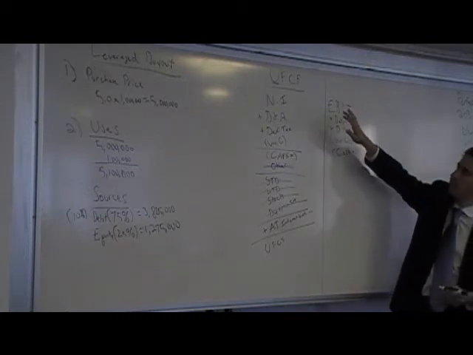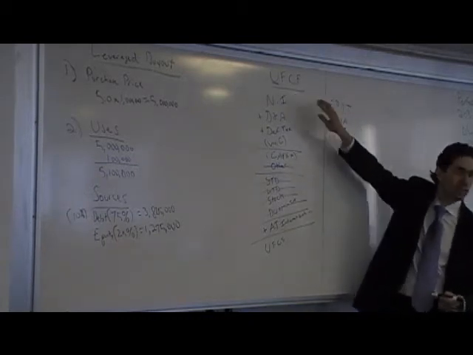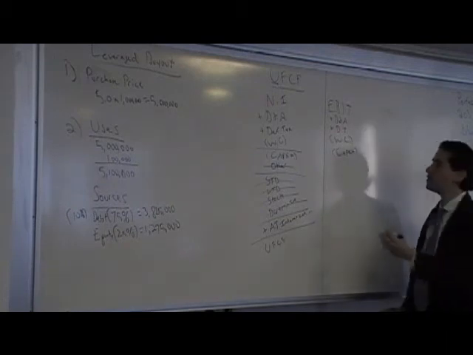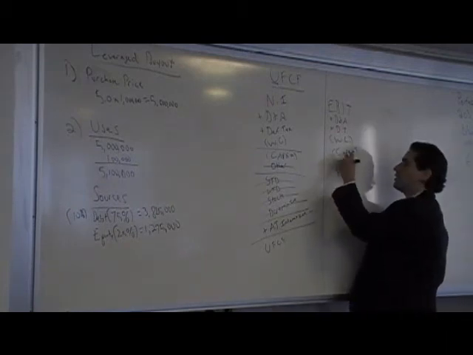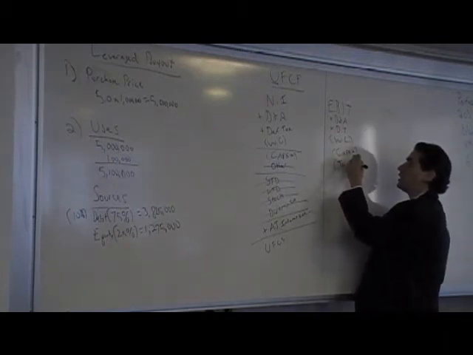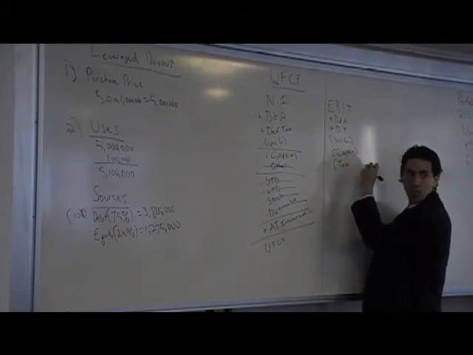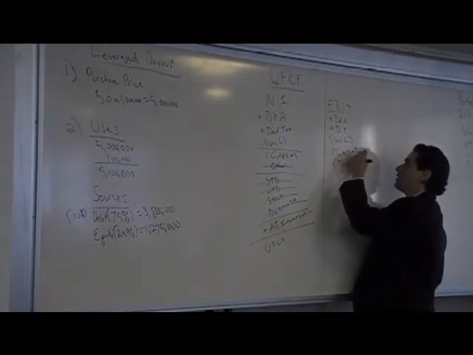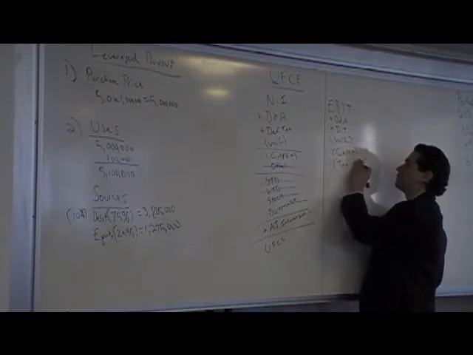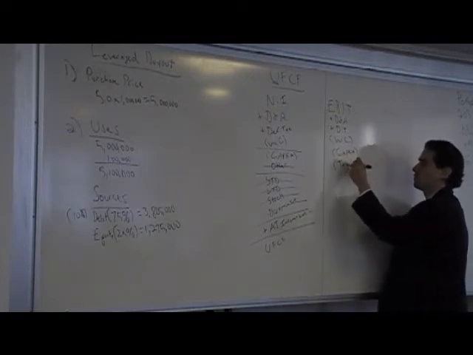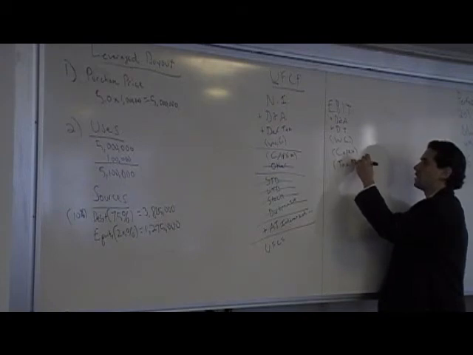However, net income is after tax, and this is before tax. So you would have to make an adjustment for taxes. And it's very important to know that the tax adjustment that you make is EBIT times tax rate.